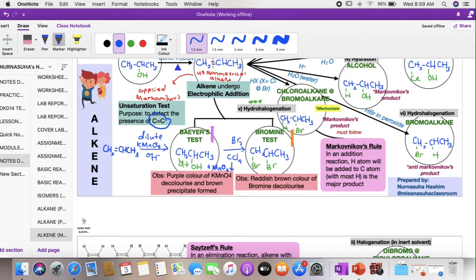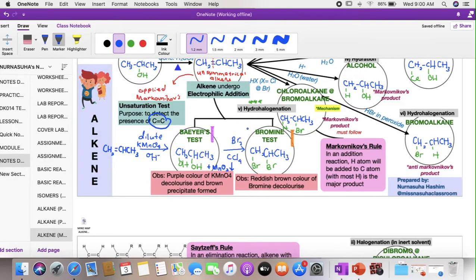Okay, so kalau soalan tanya apa observation dia? KMnO4, warna dia purple. So kalau alkene, purple color tu decolorize and brown precipitate form. So ada dua observation dekat situ.